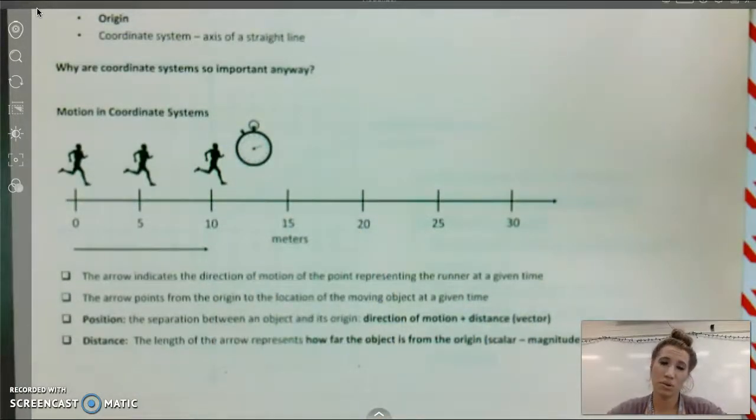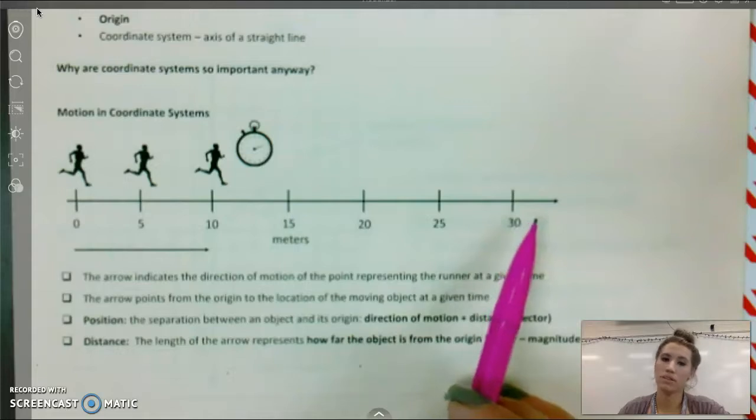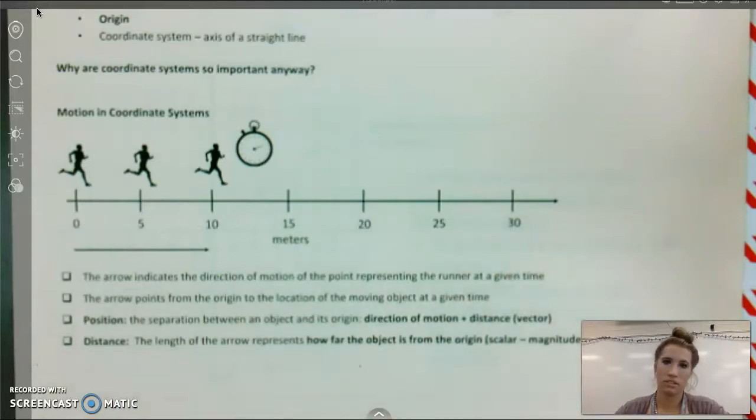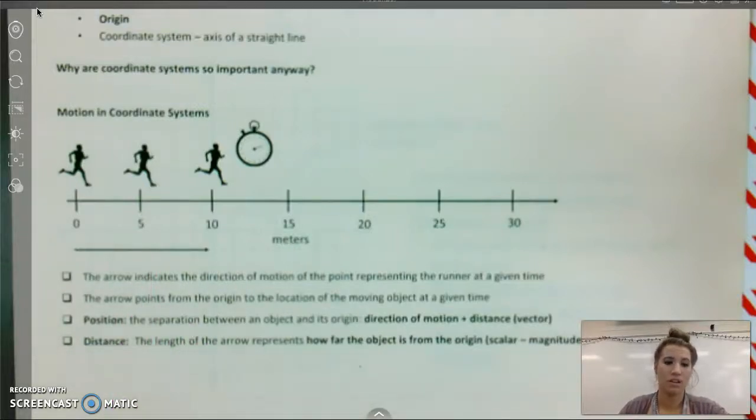Now, this coordinate system, we just have x direction for the moment, right? And so it's all linear. It's all in one direction. Now, the arrow indicates the direction of the motion, and it represents the runner at a given time, okay?